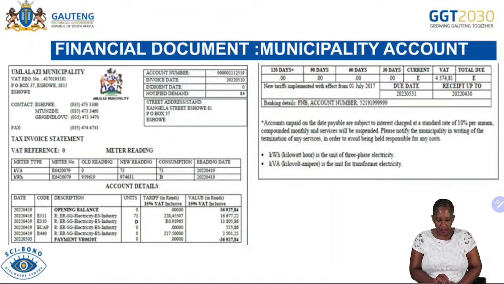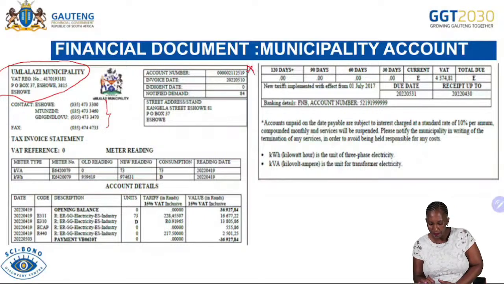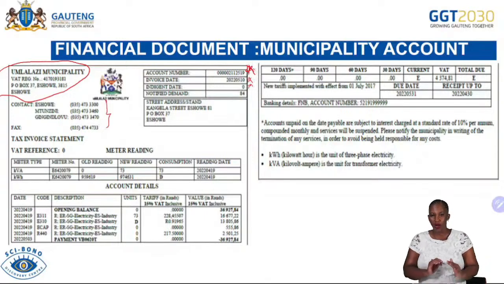As you can see, here's the municipality, their address, their VAT registration, if they are registered with SARS, if they're paying VAT, and then the contact details of the municipality, and then the account number of the account holder, and the invoice number. Is this person an indigent or what? Do they qualify to pay for the services or not? If it says 0, it means they don't qualify.